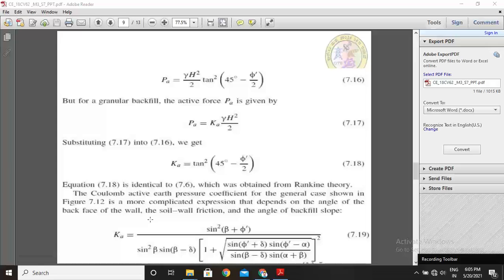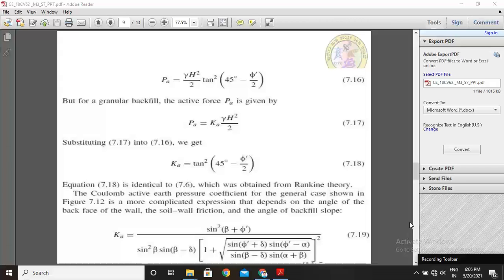The Coulomb active earth pressure coefficient for the general case shown in figure 7.12 is a more complicated expression that depends on the angle of the back face of the wall, the soil wall friction, and the angle of backfill slope.